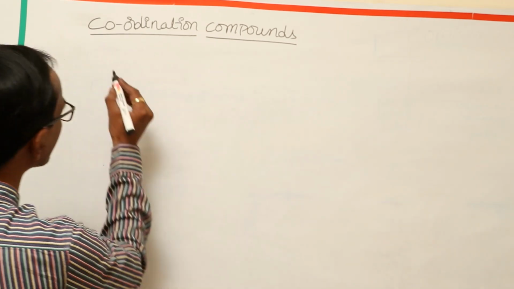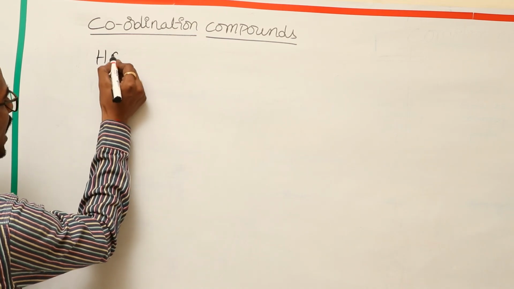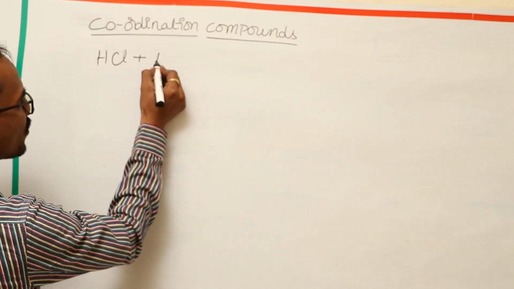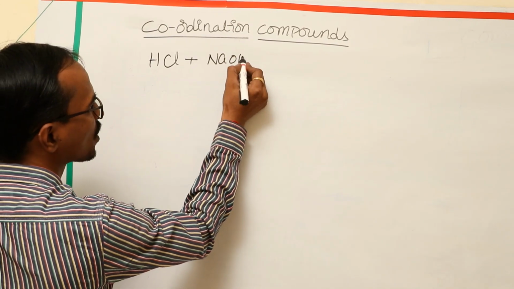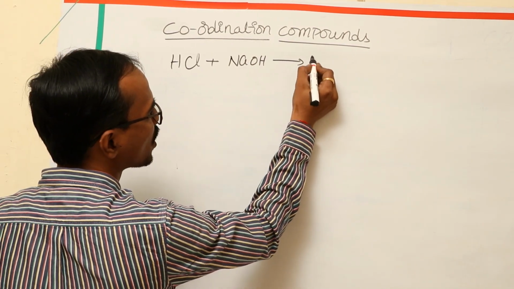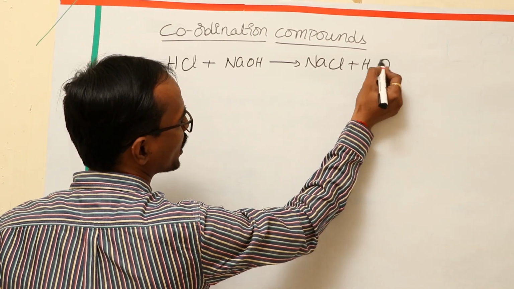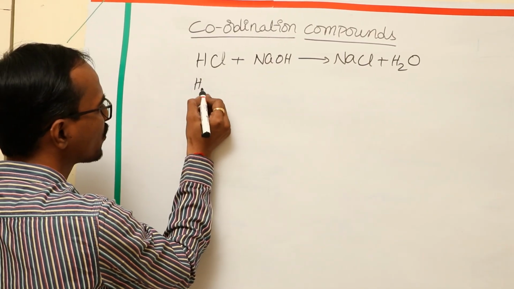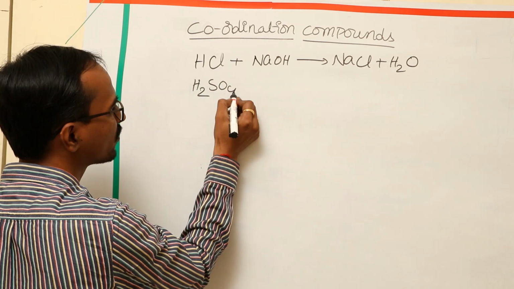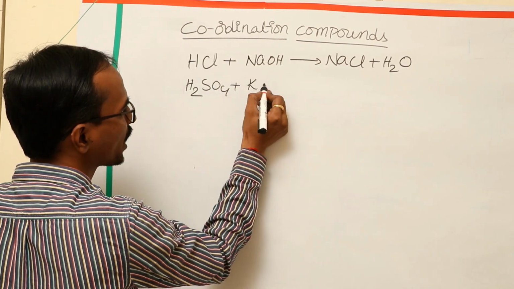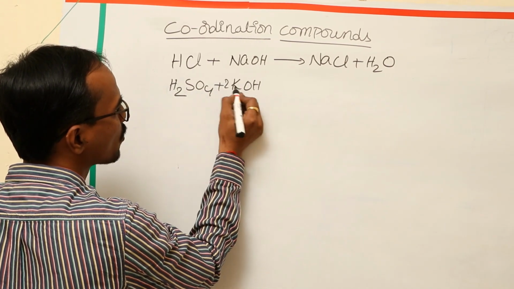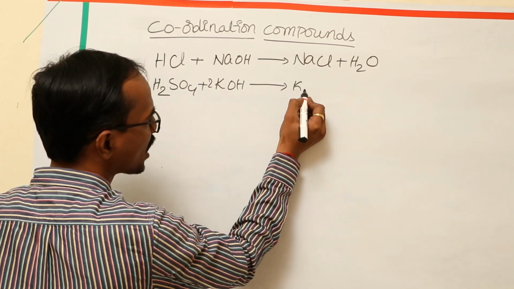Let us take a familiar acid, hydrochloric acid. If it reacts with sodium hydroxide, it will form salt and water, that is sodium chloride and water. In the same way, if we take H2SO4 and it reacts with KOH, that will form K2SO4, a salt, and water.